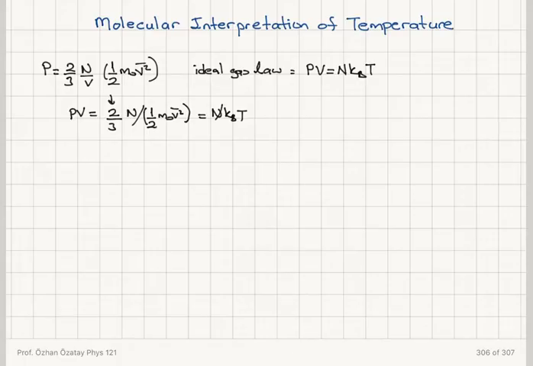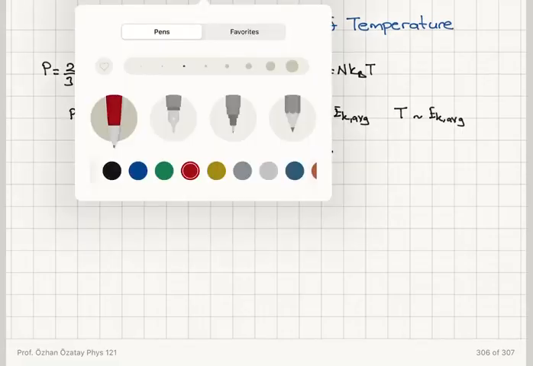So this is going to tell me that the temperature is equal to 2/3 Boltzmann constant times the average translational kinetic energy per molecule. So that this is just a constant, and therefore it says on the molecular level, temperature is something that is proportional to the average translational kinetic energy per molecule.